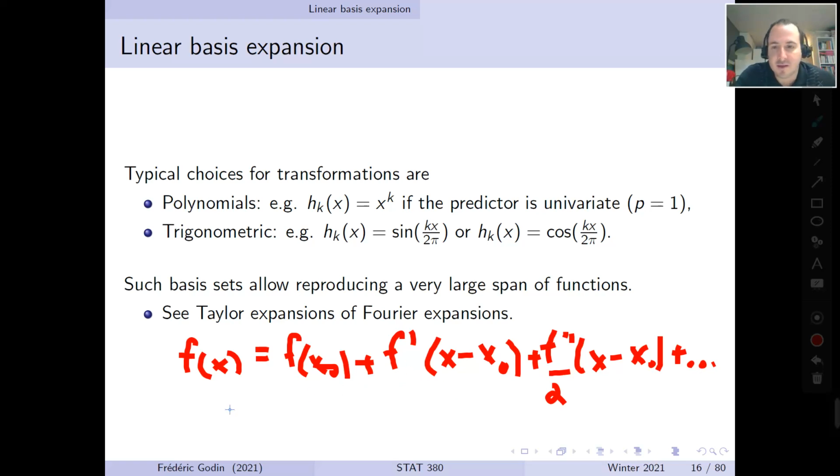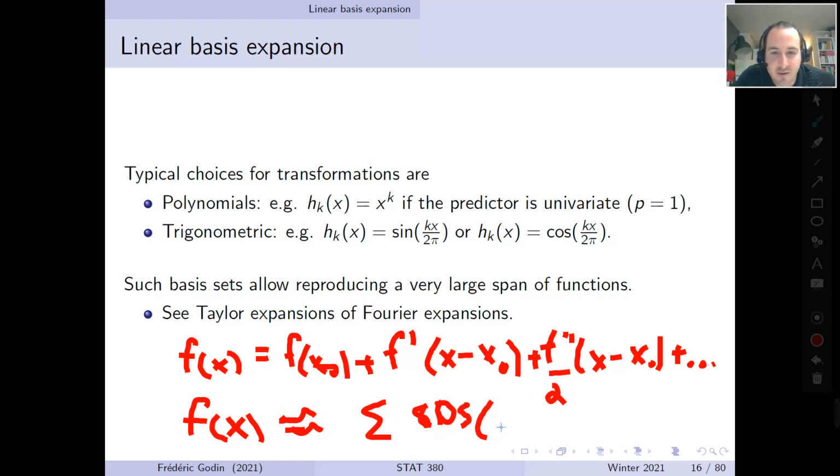And conversely, if you use Fourier expansion, then f of x, I won't write the exact formula here, can be approximately equal to a summation of sine or cosine. Let's write it like this: a_i cosine of some constant c_i times x.